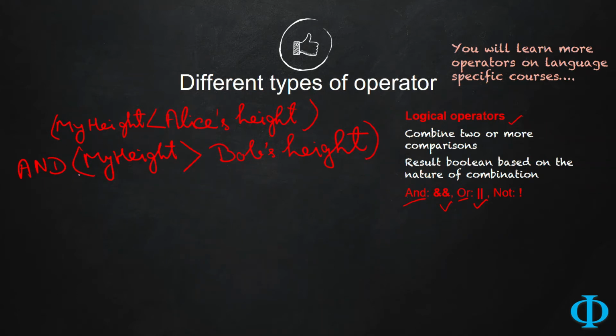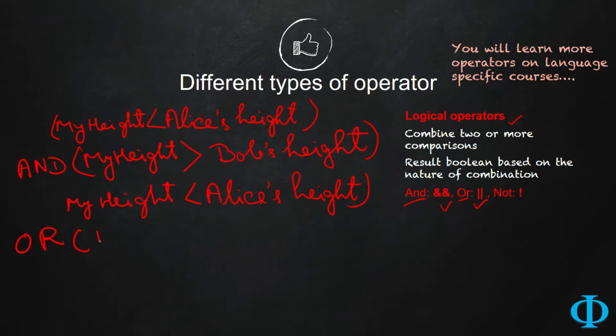Also, you can do something like: my height is less than Alice's height, or my height is greater than Bob's height.